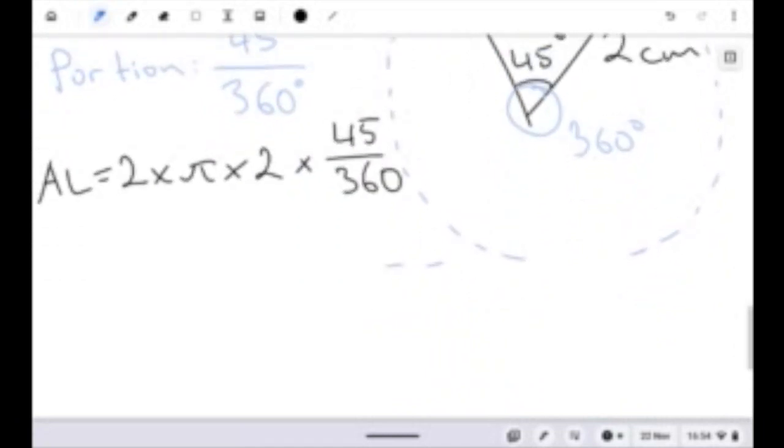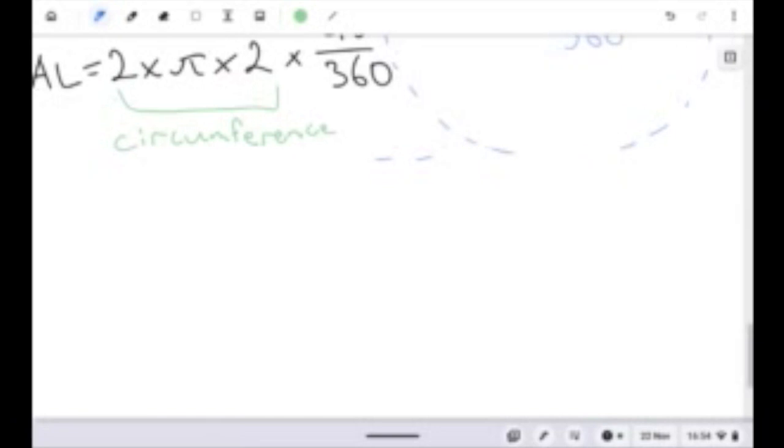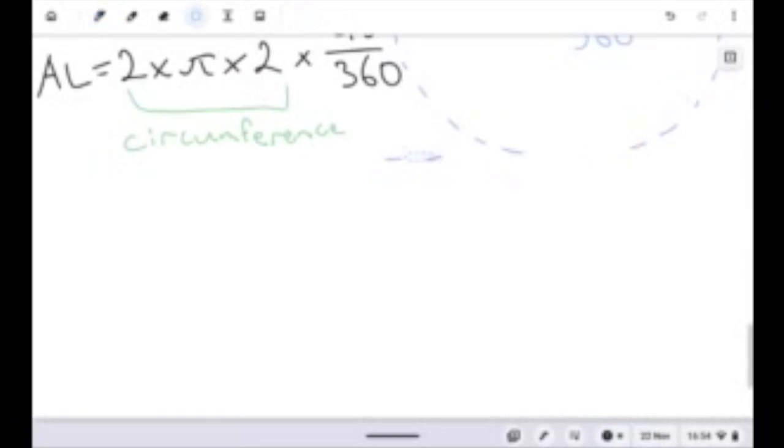Because I'm taking into account my circumference here, as well as my portion. Let me label that too. So my circumference, and then I'm taking a portion of my circumference.